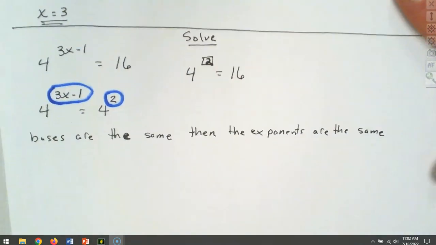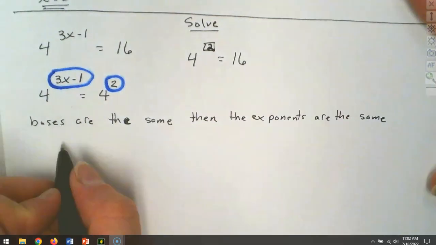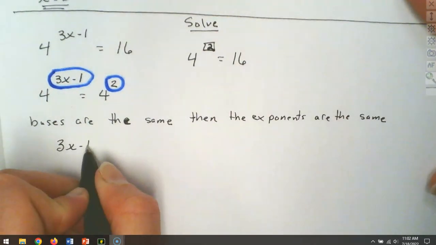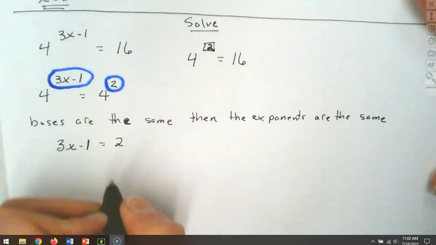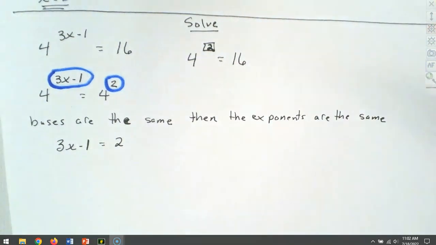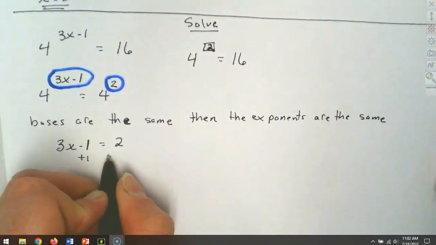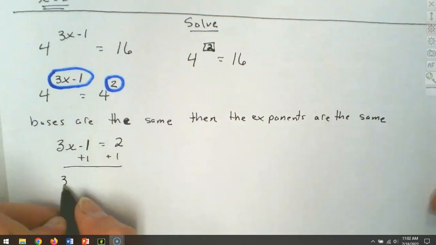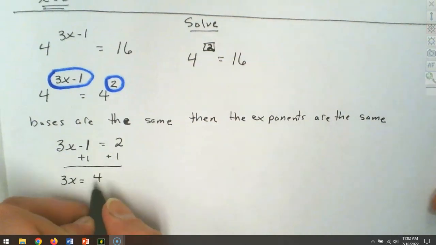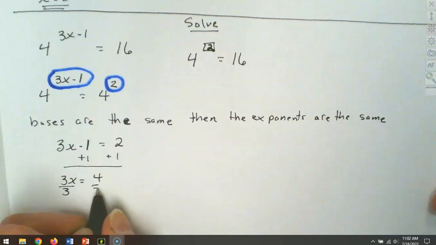So what does our equation now look like? Well, it looks like now 3x minus 1 equals 2, right? And now we can solve this just by adding 1 to each side. So 3x now equals 4, and we'll divide by our 3.